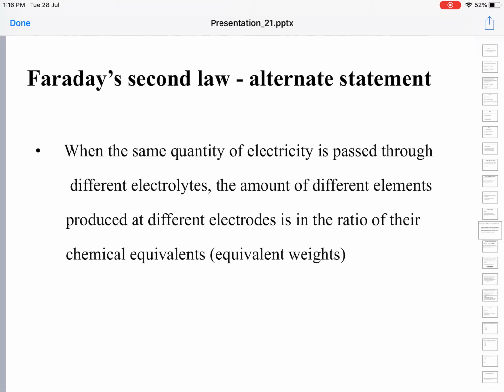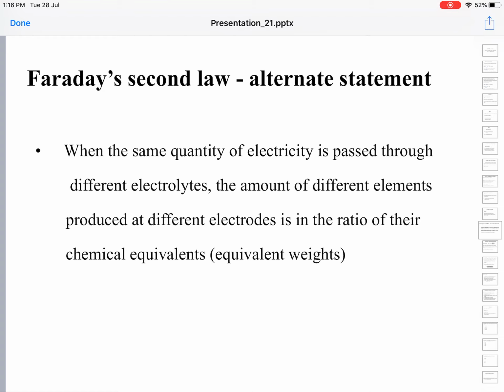Connected in series need not be mentioned, because when the same quantity is being passed, they must have been connected in series. So you can omit that. You can simply state that when the same quantity of electricity is passed through different electrolytes, the amounts of different elements produced at different electrodes are in the ratio of their chemical equivalents.